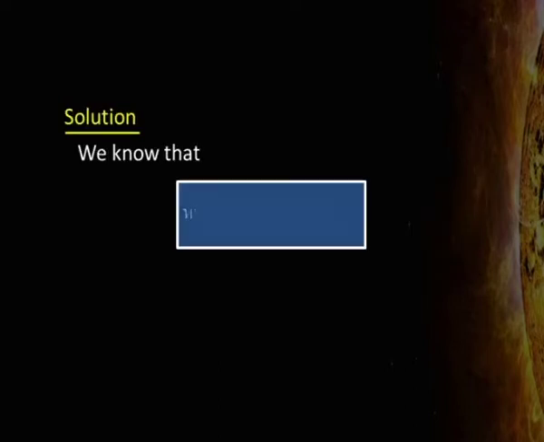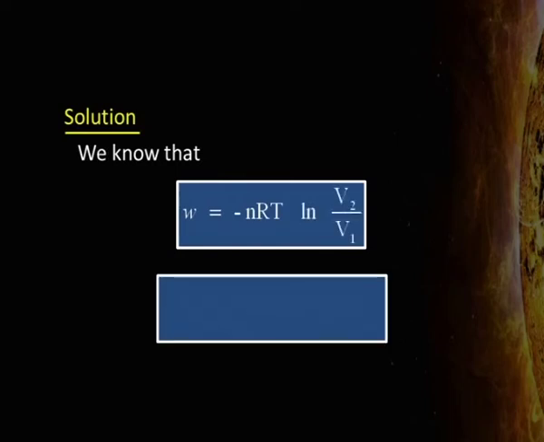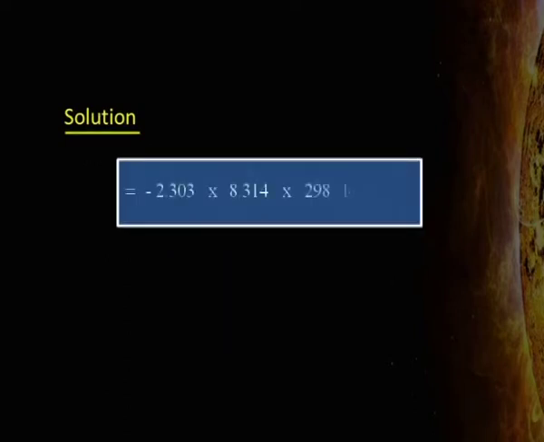We know that W is equal to minus nRT natural log V2 upon V1, or we can say minus 2.303 nRT log V2 upon V1 with base 10. Putting all the values, we will get W equal to minus 2.303 multiplied by 8.314 multiplied by 298 multiplied by log 20 upon 10.